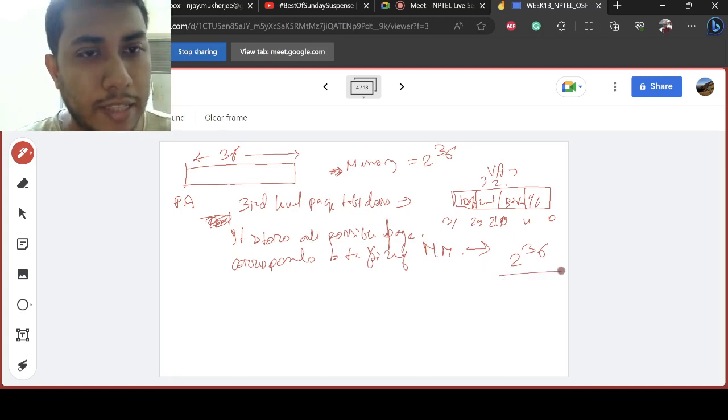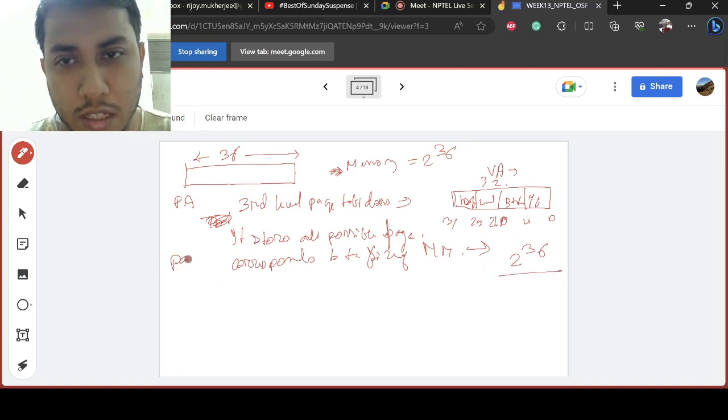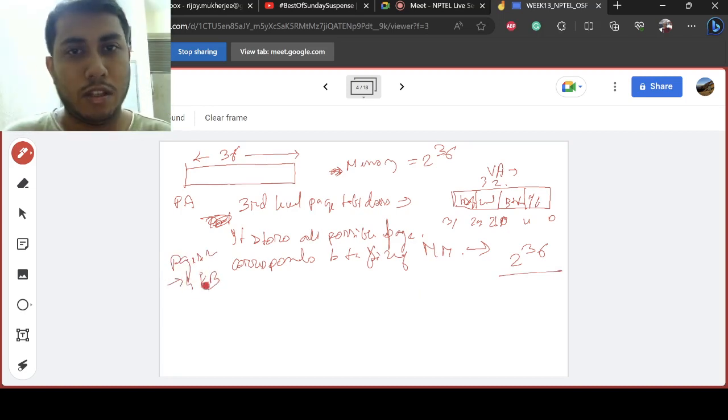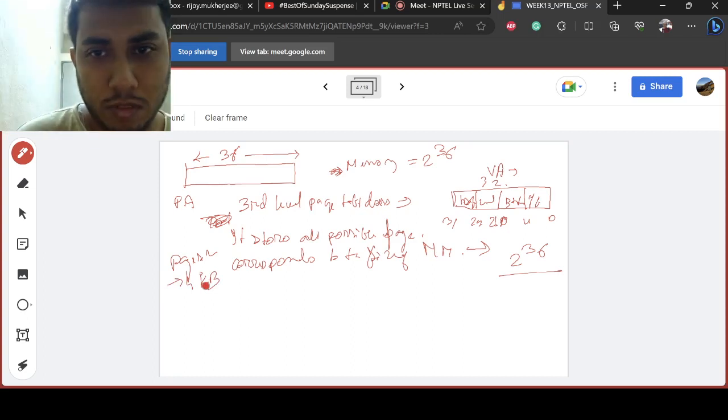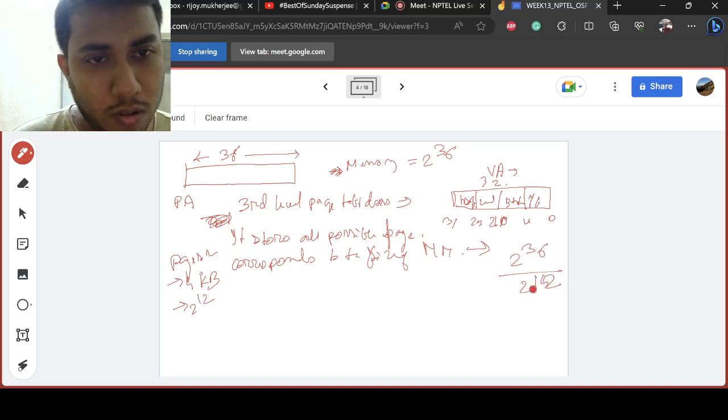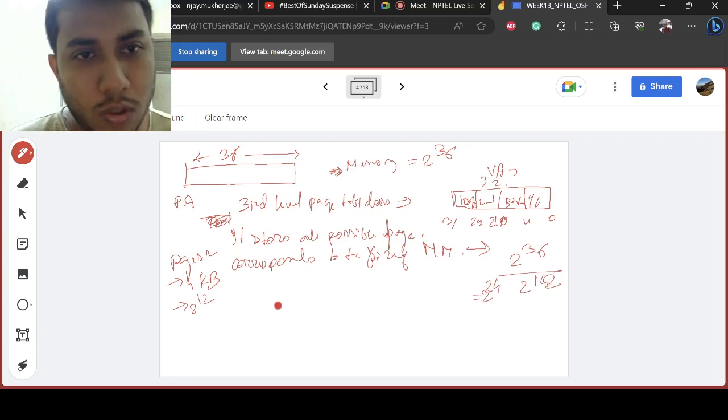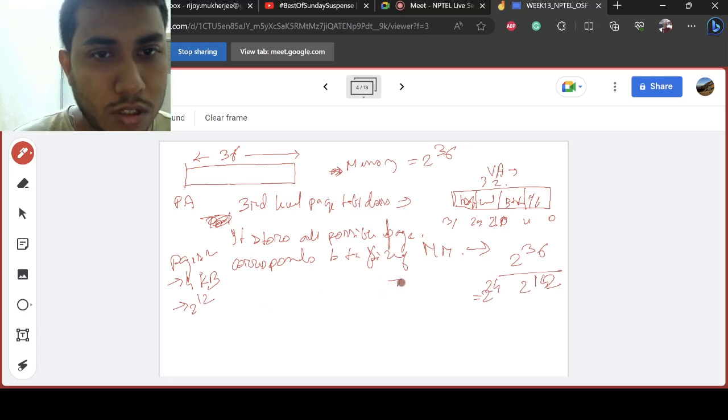You have been given the page size. Page size is 4 KB. So total how many pages are possible in the main memory? This will come down to 2 to the power of 36 divided by 2 to the power of 12, which comes down to 2 to the power of 24. So that is the total number of pages.